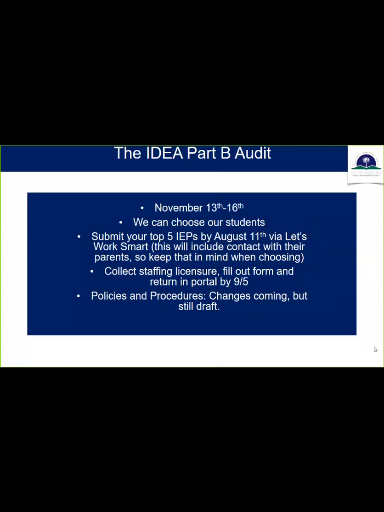Elizabeth, the form, what form are you referring to? The staffing form? We haven't sent it out yet, but it's an unduplicated list of your staff. So they're going to ask for your staff and how many students they serve, and the subject and what their licensure is.